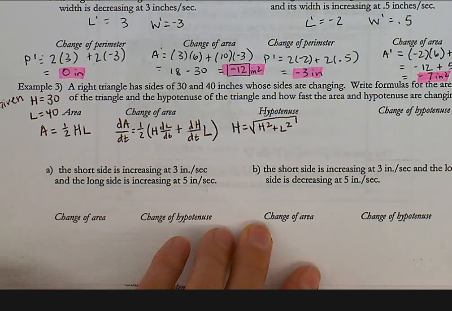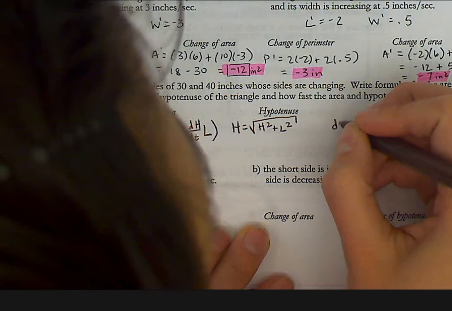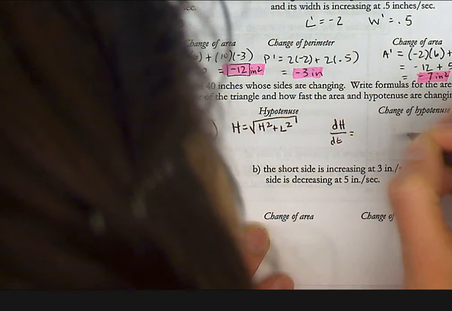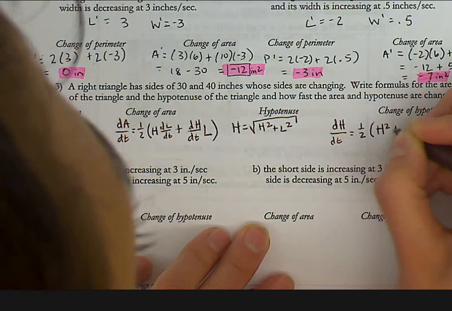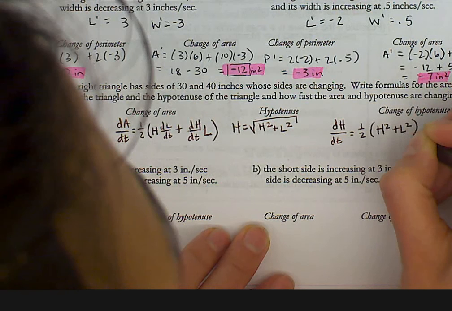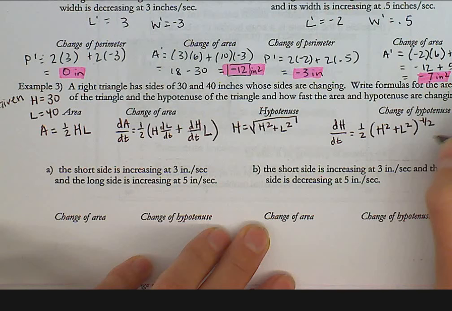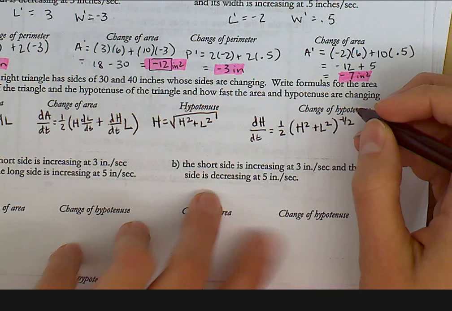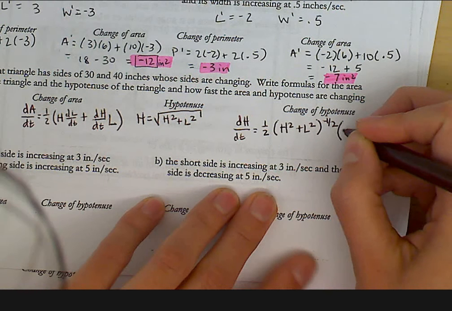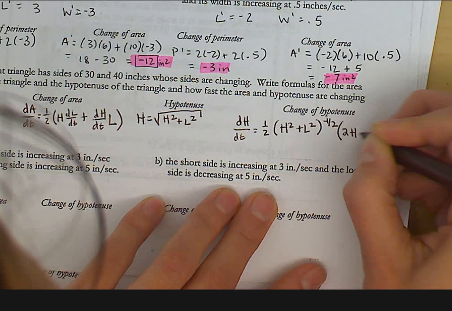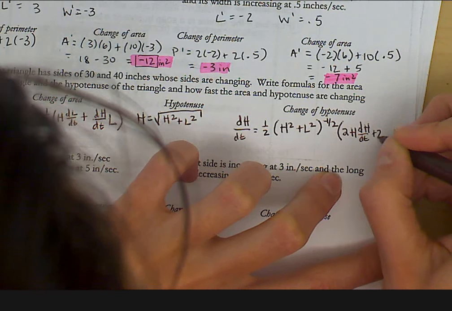And this will be dH dt equals 1/2 times h squared plus L squared to the negative 1/2, times, and now here's what's a little different, 2h, and we took the derivative in terms of h, so it's dH dt, plus 2L dL dt.